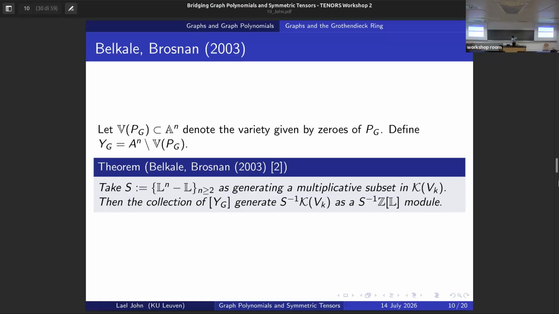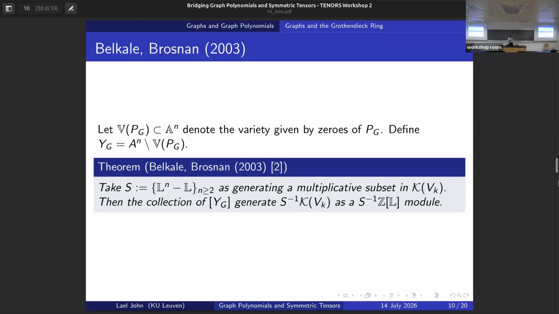Belkin and Brosnan show that if you take a particular multiplicative subset S, then the localized Grothendieck ring is generated by all of these graph polynomials as a module over S inverse Z[L], right? And that's quite interesting because graph polynomials suddenly are generating this entire ring, but they're a really small part of this ring.